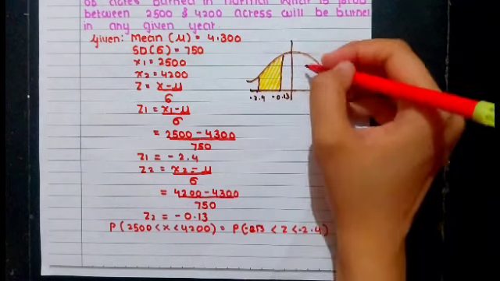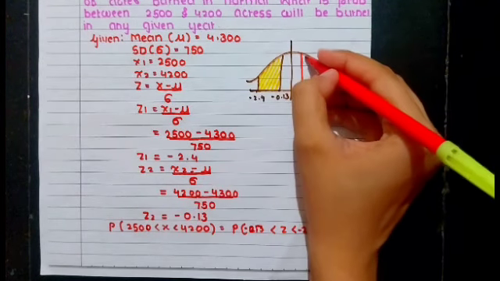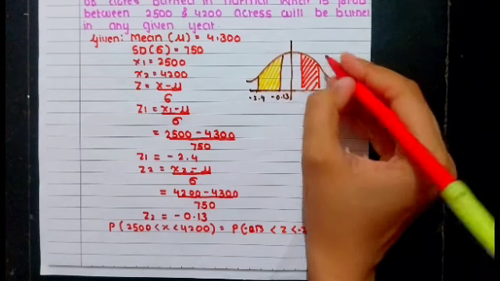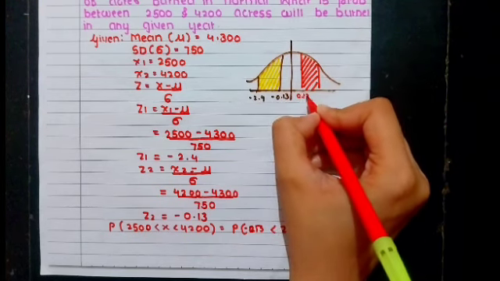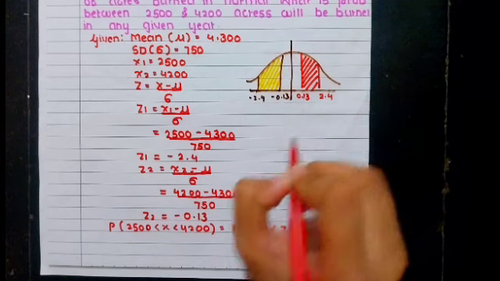So here it will be equal to the right side, that is 0.13 to 2.4.